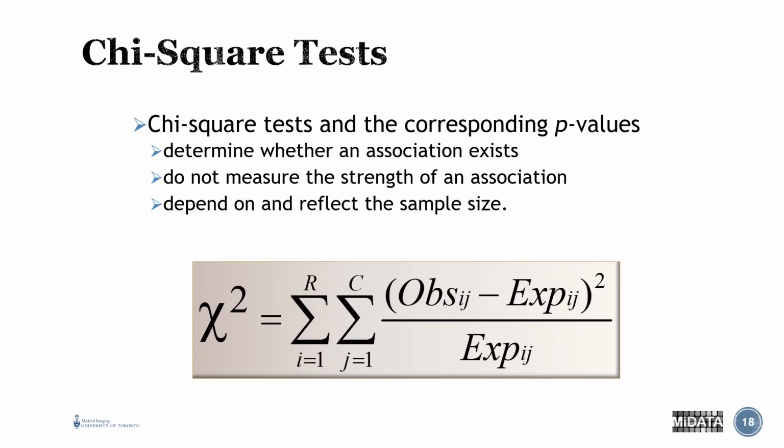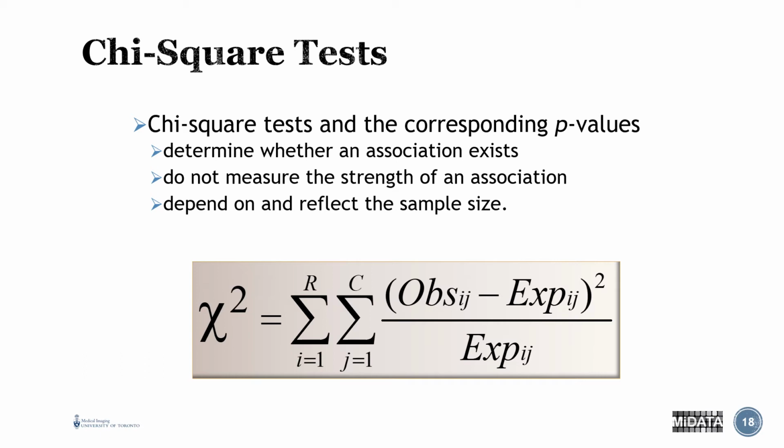Okay, so here is the equation for the chi-square test. And chi-square tests inevitably have corresponding p-values, which you need. What they do is determine whether an association exists, but they do not measure the strength of an association, and they depend heavily on and reflect the sample size.